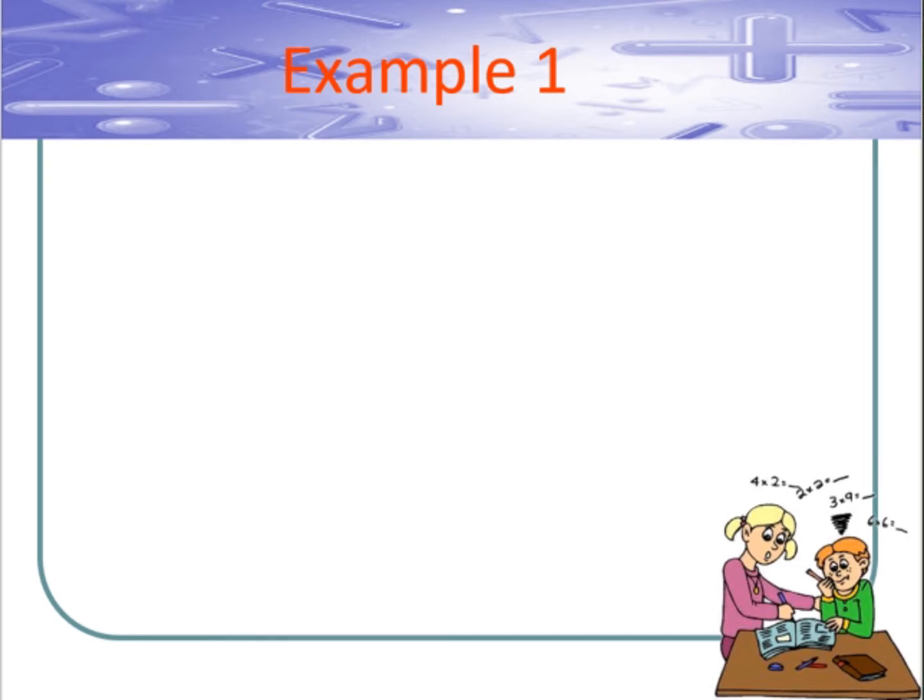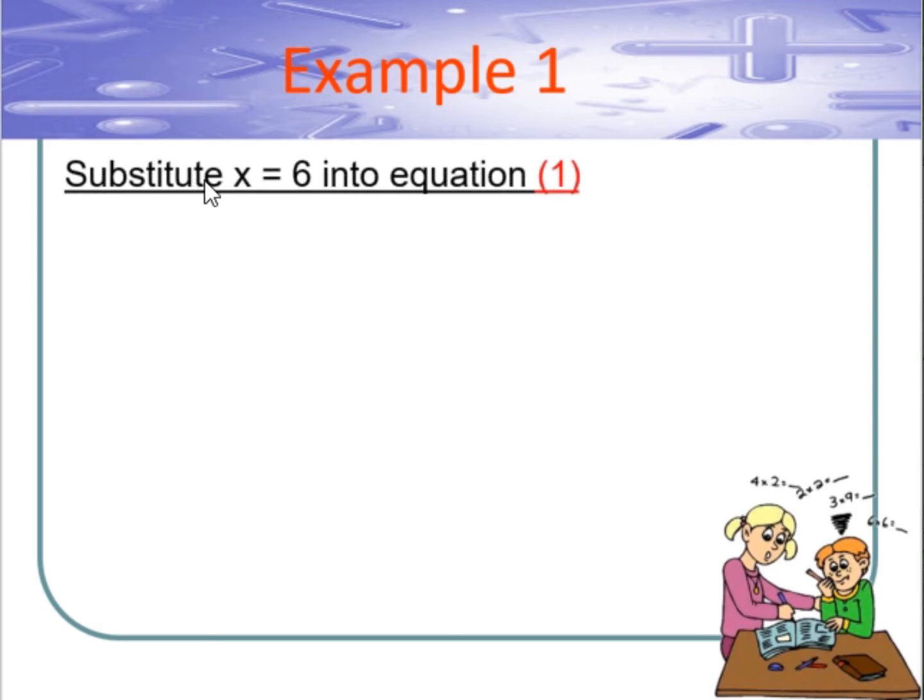Since nakuha na natin ang value ng x na 6, ang kukunin naman natin ngayon ay ang value ng y. Paano natin ito makukuha? We will substitute the value of x of 6 into equation 1. So, ang equation 1 natin ay x plus y is equal to 56.